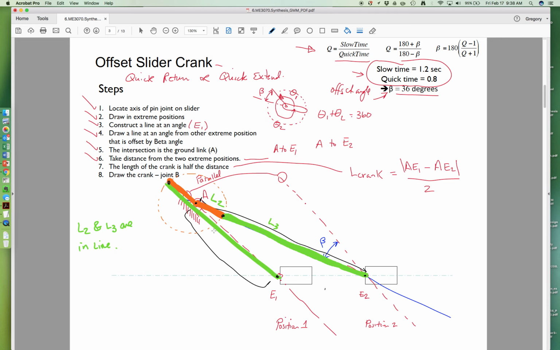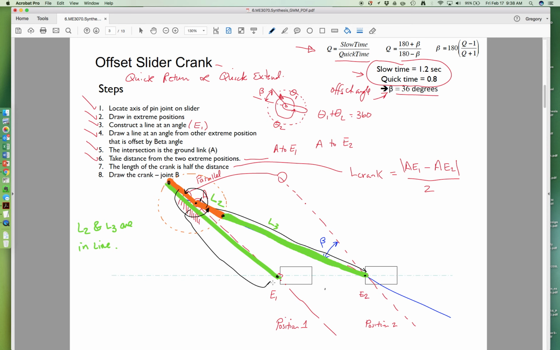So in this case then, position 1, link 2 and link 1 are in line with each other. Okay, so to go from this first position, to go from this orange link around is smaller than 180 degrees, and then to go from this orange position back around this way is greater than 180 degrees. So to go this distance is going to take less time than to go that distance.